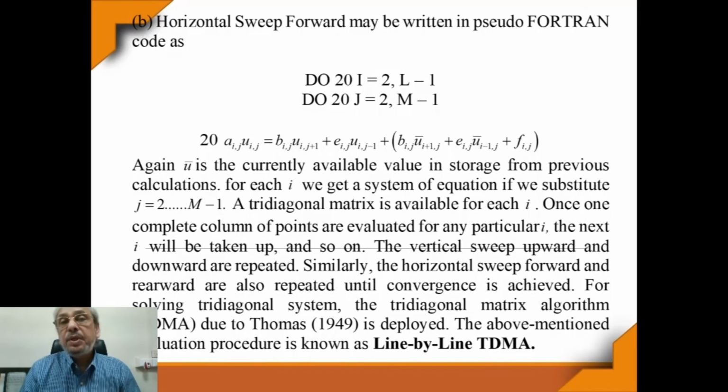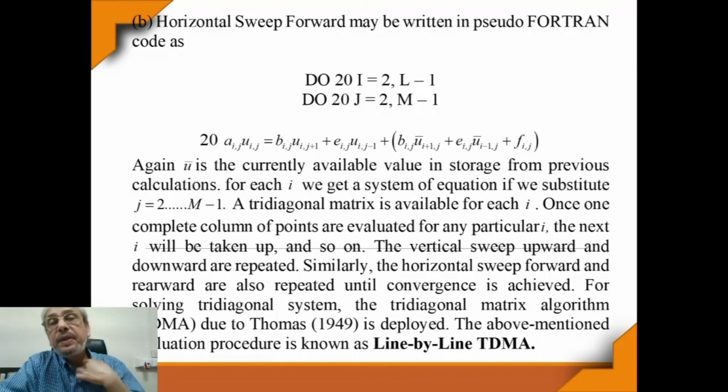In another sweep, we are keeping the j direction fixed. That means at a given j, we are forming TDMA in the i direction, i equal to beginning to end point, and evaluating.